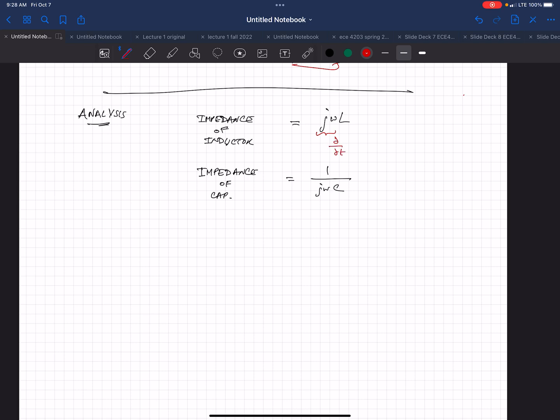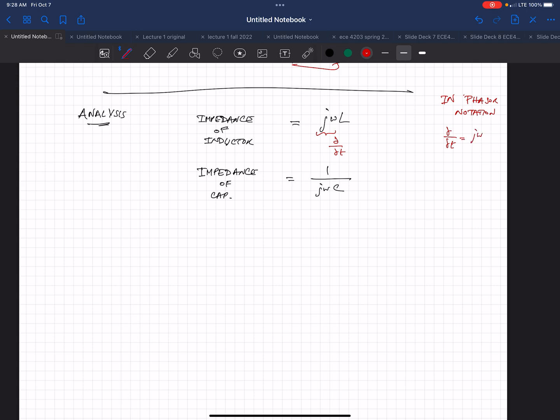You guys remember that? We talked about it, maybe you don't remember it, but basically in phasor notation, d by dt is equal to j omega.